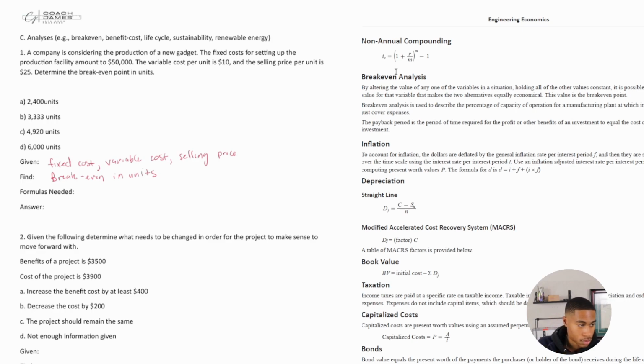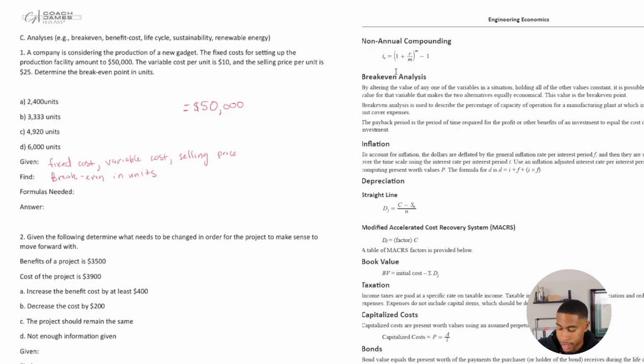So let's say this: we know that the production facility is equal to $50,000. You just have to use some logic here. The cost of the facility to pay it back, we need to bring in $50,000.